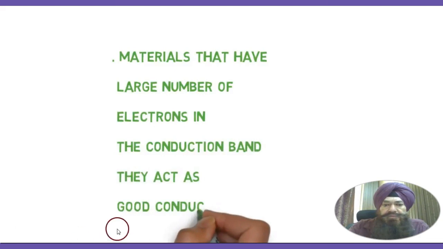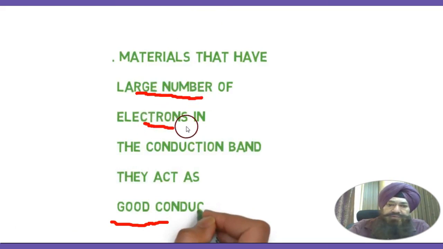Now what are good conductors? Good conductors are those having a very large number of electrons in the conduction band.